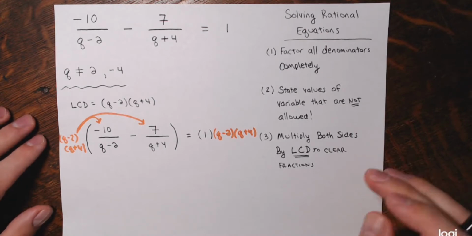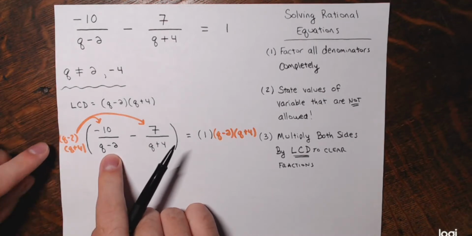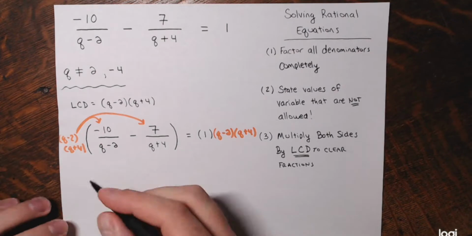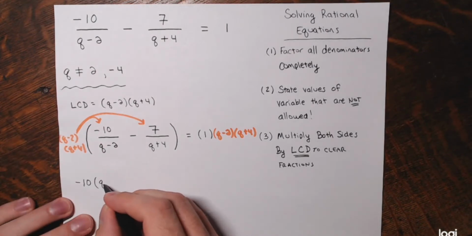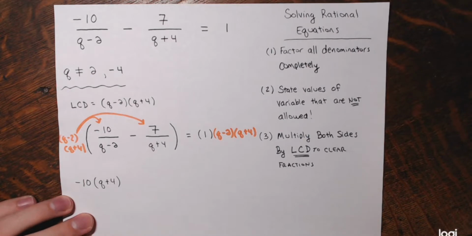Watch. When you multiply the first fraction on the left side by the LCD, see how the q minus 2's would cancel? And then I'd be left with negative 10 and q plus 4. So I'll write that. Negative 10 times the quantity q plus 4 would be left over from the LCD after the q minus 2's cancel.